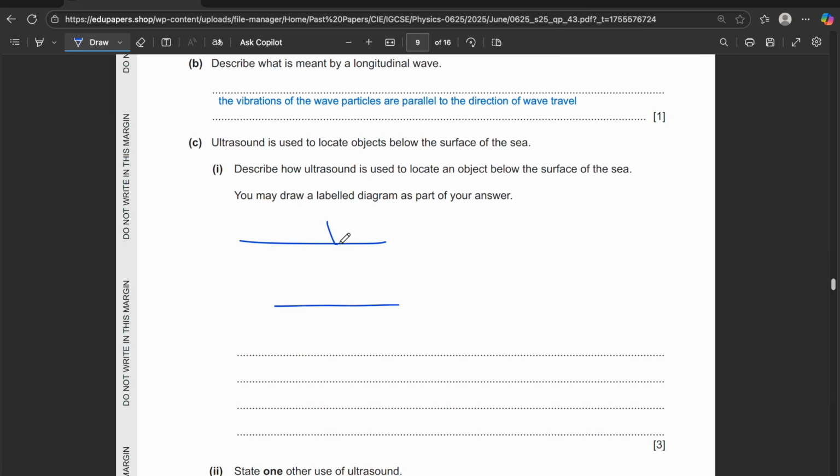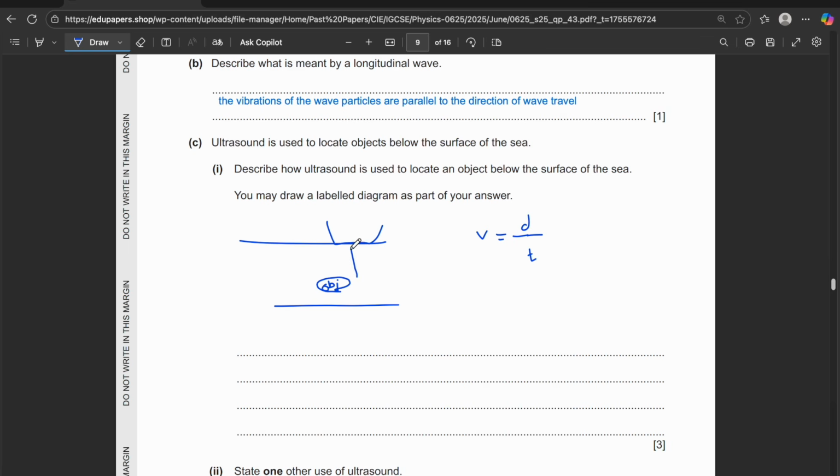Let's say this is a boat and you emit ultrasound, and this is an object right here, and you know the speed of the sound in the sea, and then you can measure the time taken. If you have those, you can calculate the distance. V is equal to d by t.